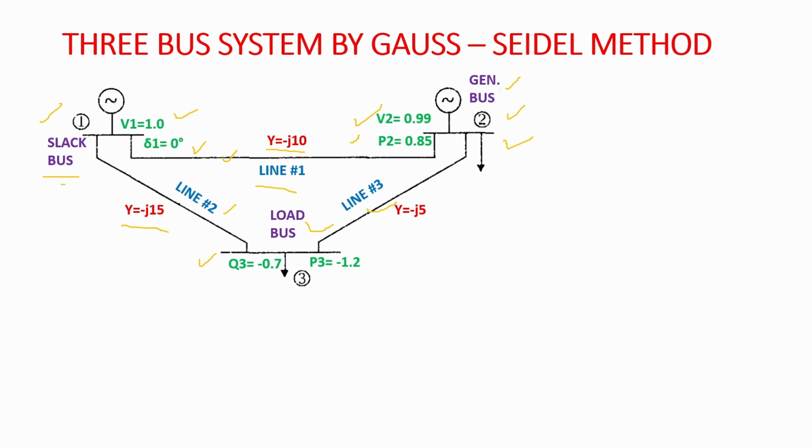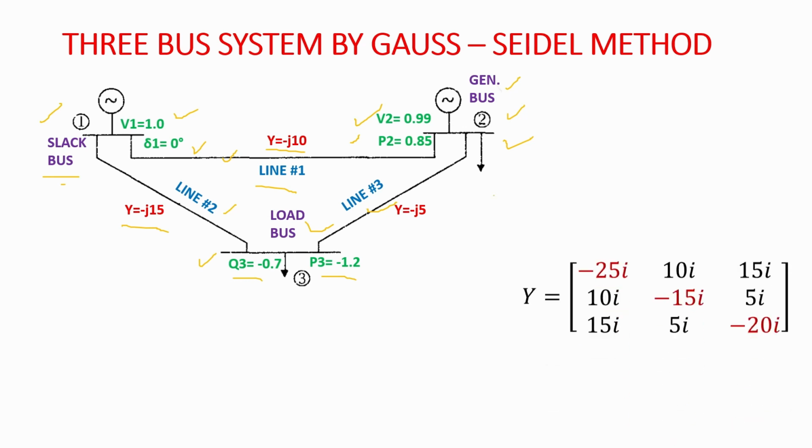And for load bus, the real power P3 is equal to negative 1.2, and the reactive power Q3 is equal to negative 0.7. We will define first the elements of the Y admittance.